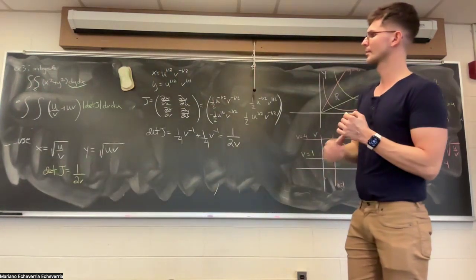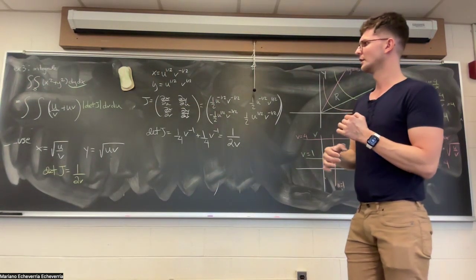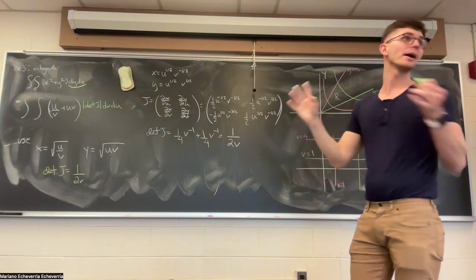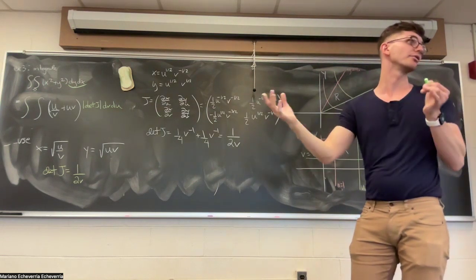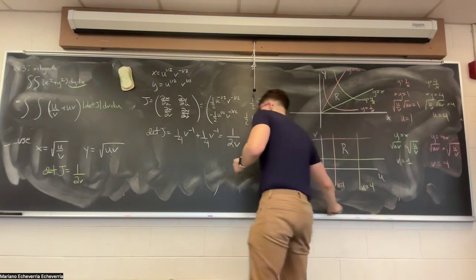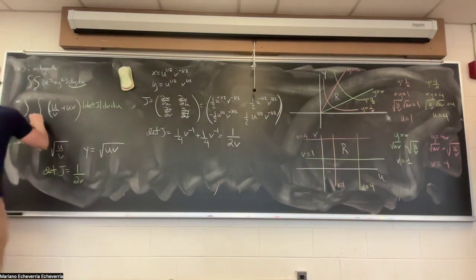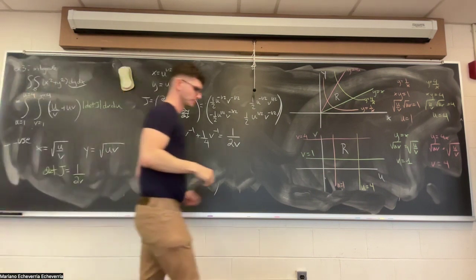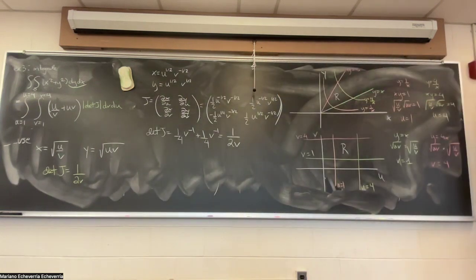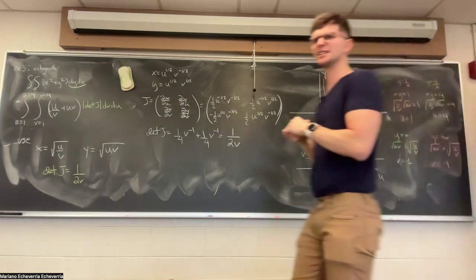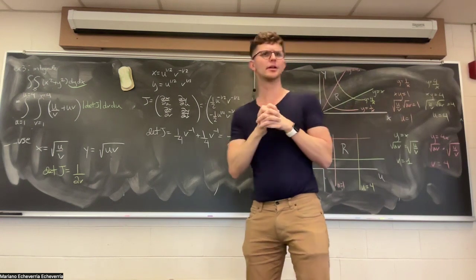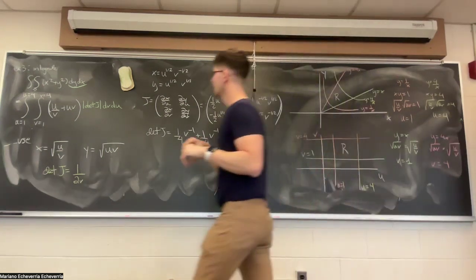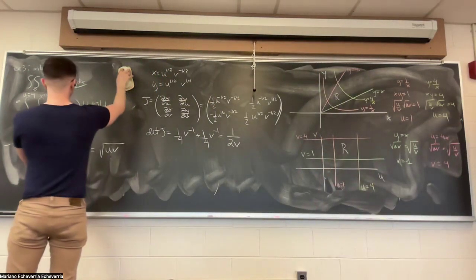Okay. So that's what the change of variable says. And then the bounds, we already have them because we already have the region. So v goes from 1 to 4, and u also goes from 1 to 4. Does that make sense? And the Jacobian is 1 over 2v.